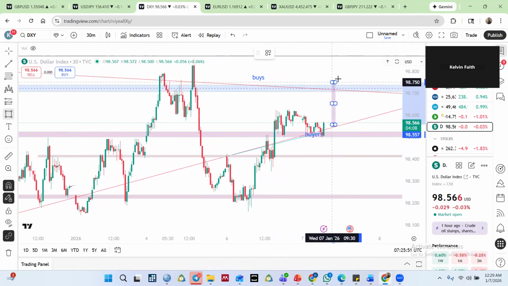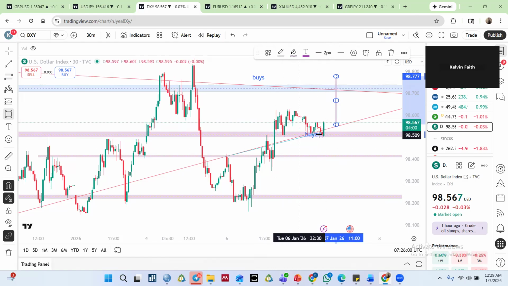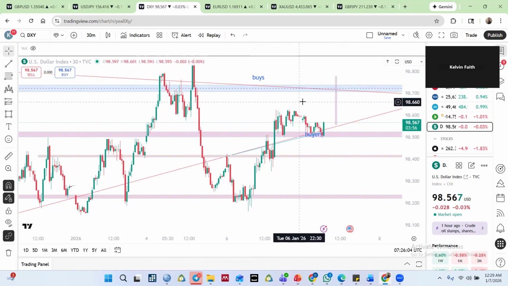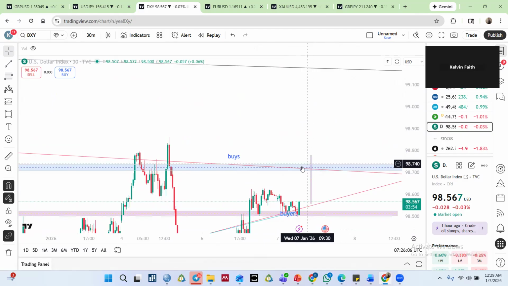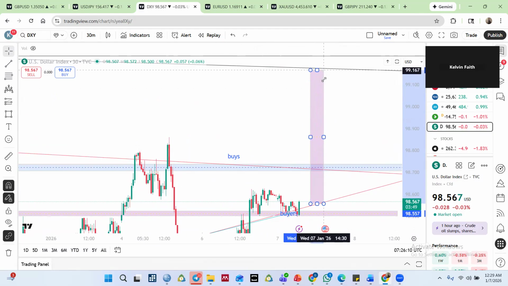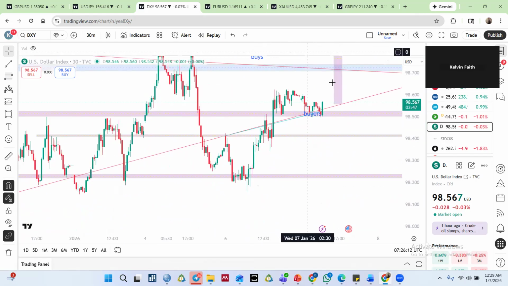So my anticipation or my setup will be I'm going to be buying above this trend line and this area of support. I'm going to be buying here up, or maybe if it stays more above this area too, then boom, to the top here. Or if the market turns and gives a bearish close below here, stays below here, then I'm going to be selling.